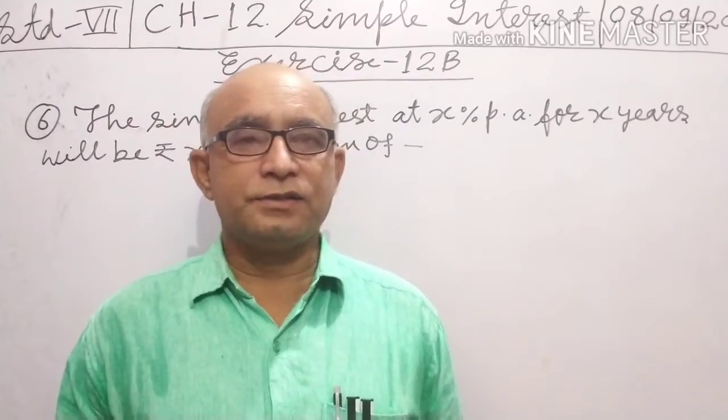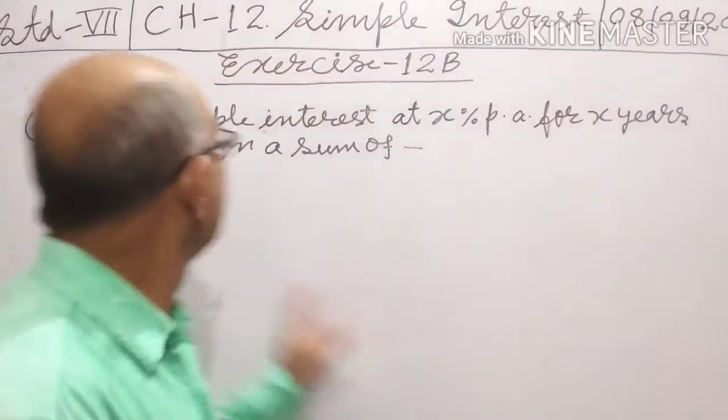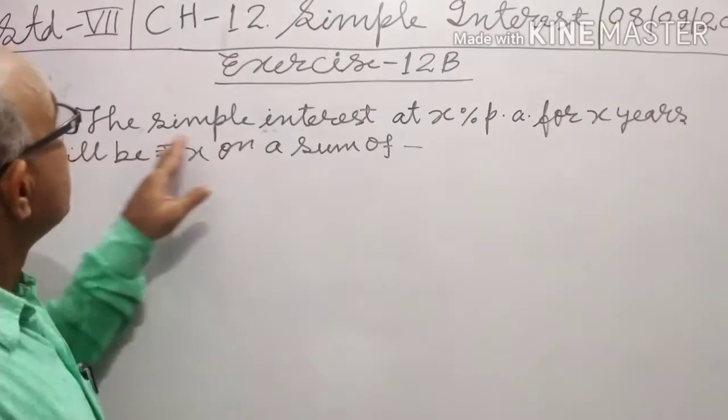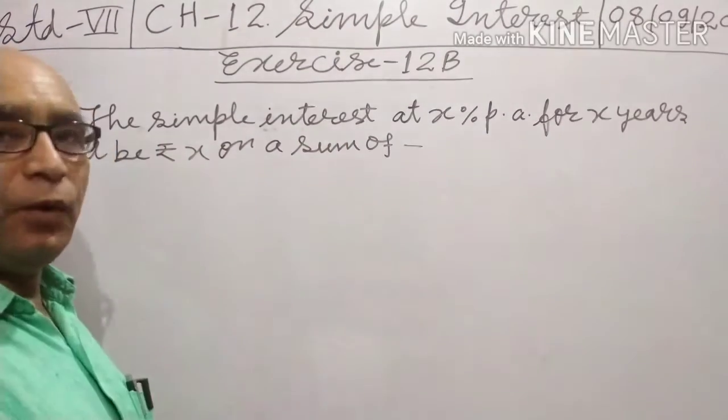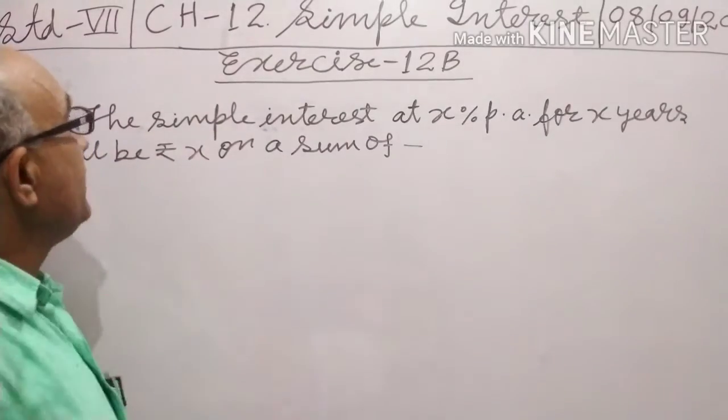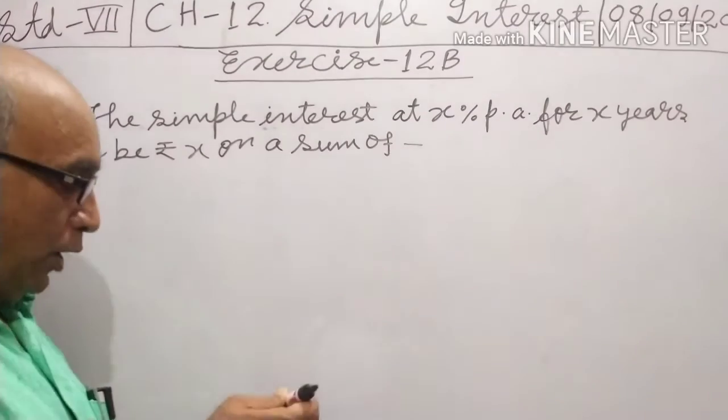Students, next and today's last question is question number 6. The simple interest at X% per annum for X years will be rupees X on a sum of.